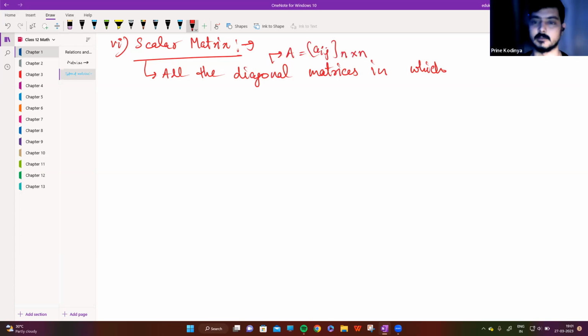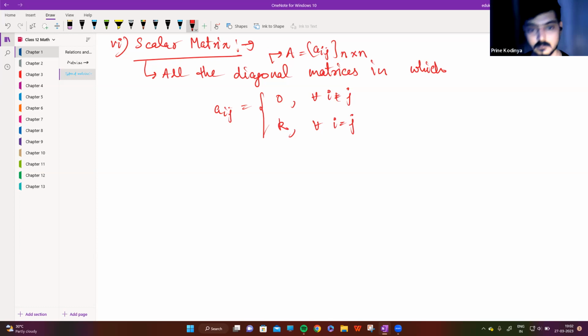In it, Aij is equal to 0 for all i not equal to j, but this is equal to k for all i equal to j. That is, all the non-diagonal elements are still 0, but all the diagonal elements must be the same in this case. They can't be 0, obviously, because if they are all 0, then this will be a zero matrix. But other than 0, whatever they are, they must all be the same.